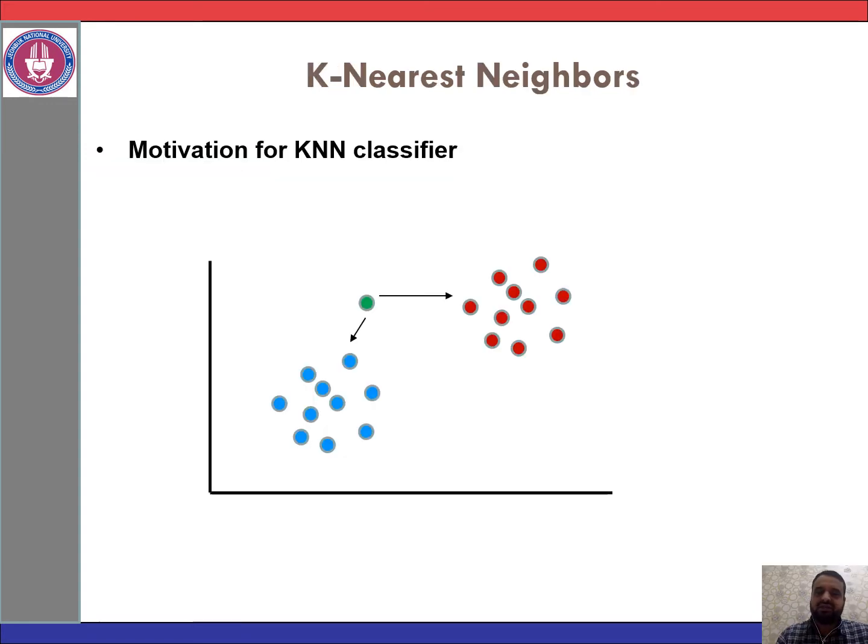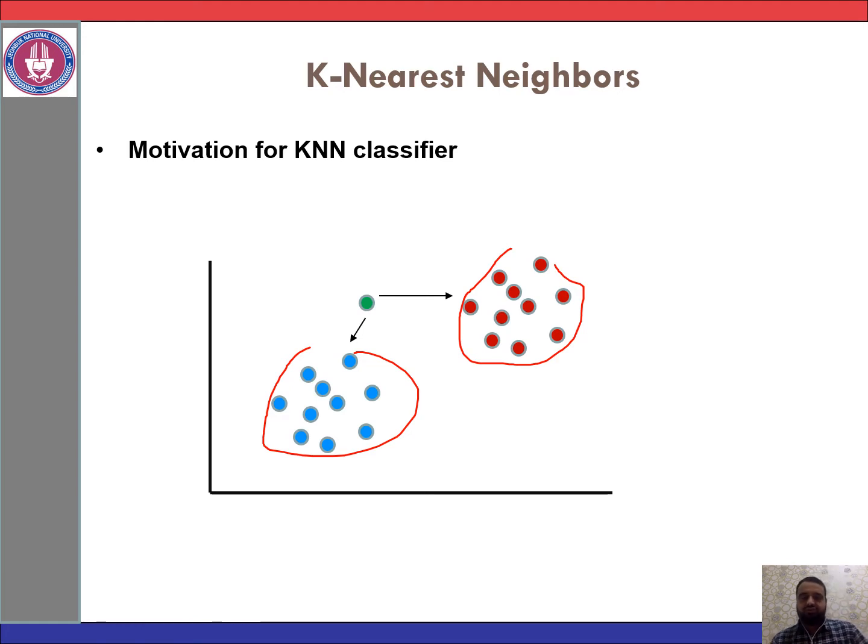Now let's discuss the first classifier, that is the k-nearest neighbor classifier. Suppose we have two classes, one is this one and the second one is this red class. There is a test sample and we want to find its respective class. What is its category?